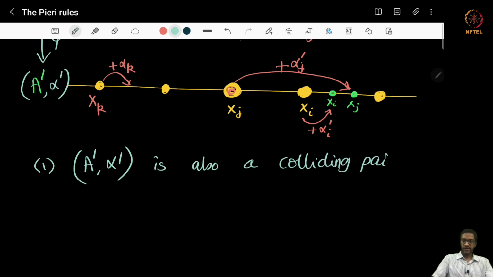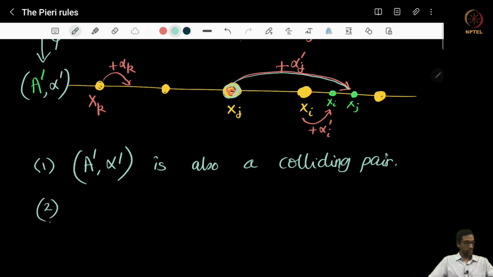That's clear, because you can see the collision is already happening at the jth place. This has to go past xi, because the landing place of xj was beyond the original place of xi. So this is definitely a colliding pair.